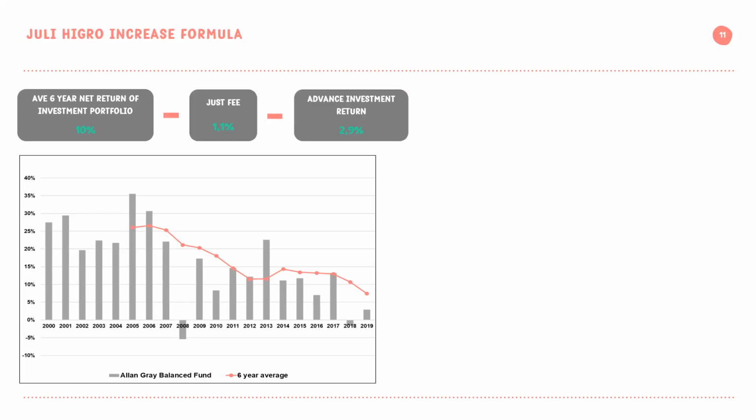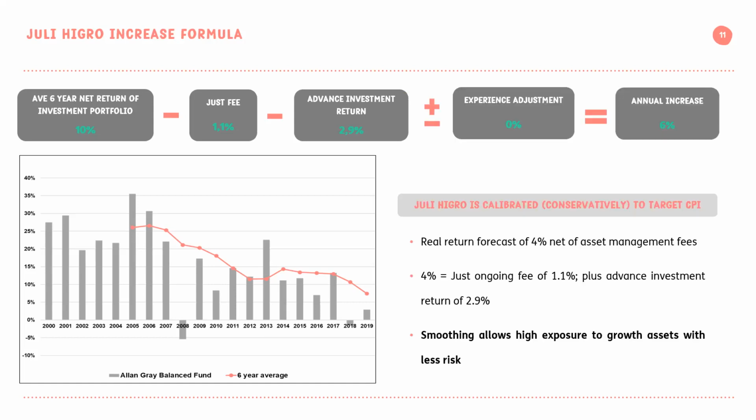I'm just putting it all up so I can explain all the pieces of the formula. We then deduct our product fee, which is effectively a capital management charge of 1.1%. And then we deduct what we call the post-retirement interest rate, or the advanced investment return, which in this calibration is 2.9%. Effectively, we've advanced some of the Allan Gray Balance return upfront into the starting income.